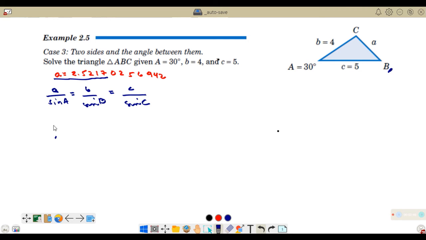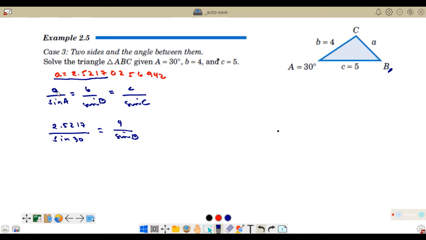We have A, which is 2.5217 over sine 30, which is equal to B, 4 over sine B. And we discussed before that if you interchange the numerator and denominator of the first ratio, A over sine A, it becomes sine A over A, and it is still equal to the two other ratios if and only if you also change the position of the numerator and denominator respectively.